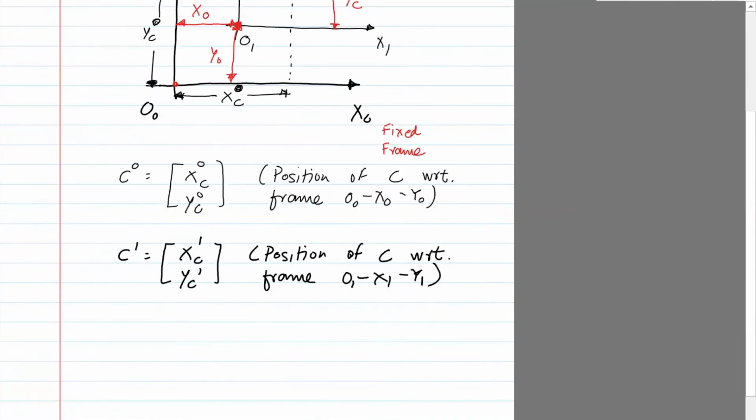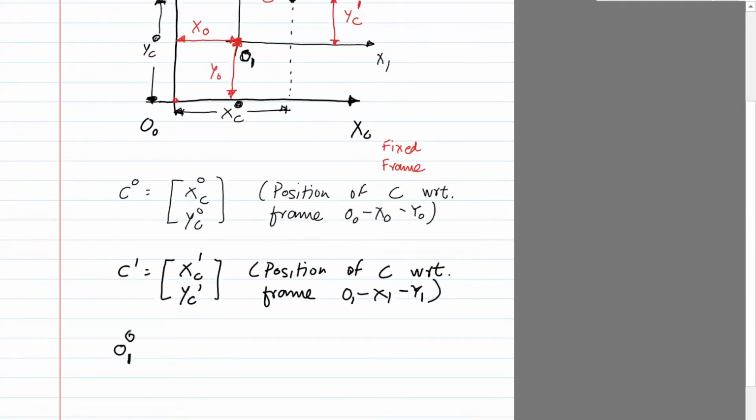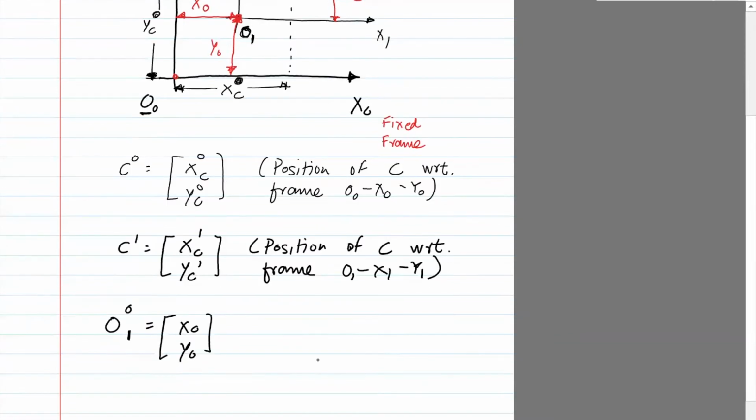Okay, so we keep doing that. We write the position of O1, which is the origin of frame 1, with respect to frame 0. So that's going to be x0, y0. So position of O1 with respect to frame O0, X0, Y0.